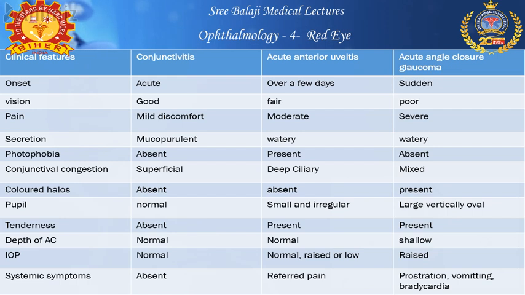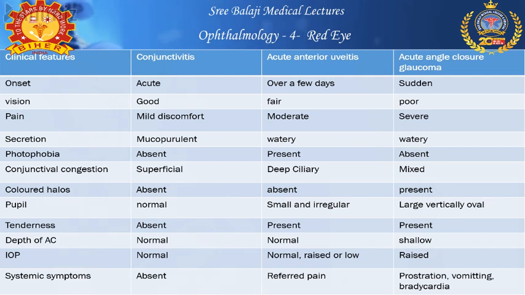In anterior uveitis, only watery discharge is seen, whereas in acute angle closure glaucoma, again watering of the eyes can be seen. Then an important key feature is asking a history of photophobia. In case of conjunctivitis, photophobia is not present. In case of acute anterior uveitis, photophobia is the key feature. And in acute angle closure glaucoma, again photophobia is absent.